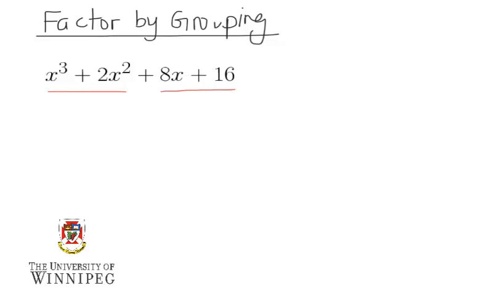Inside of our first pair, note that we can take out a common factor of x squared. That's going to leave us with x plus 2. Inside of our second pair, the common factor we can take out is 8, and that's going to leave us again with x plus 2.